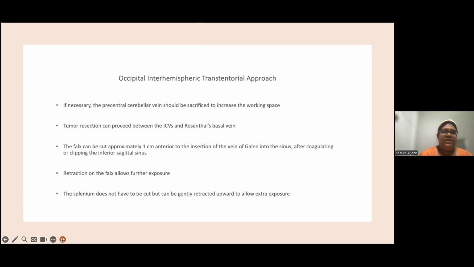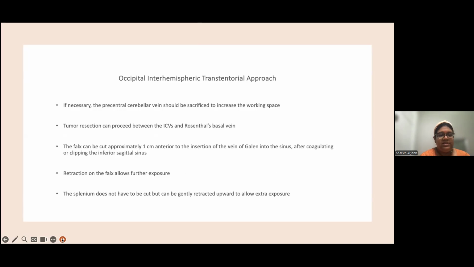If necessary, the precentral cerebellar vein should be sacrificed to increase the working space. The tumor resection can proceed between the internal cerebral veins and horizontal basal vein.